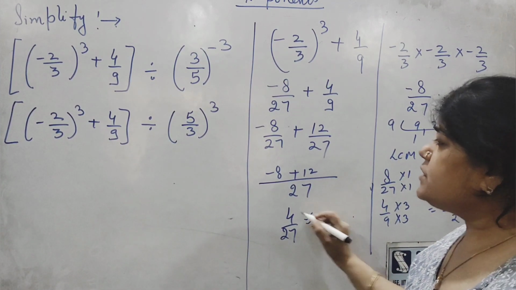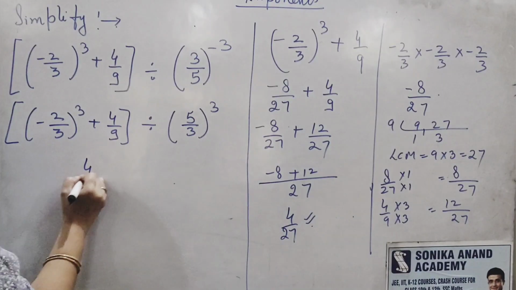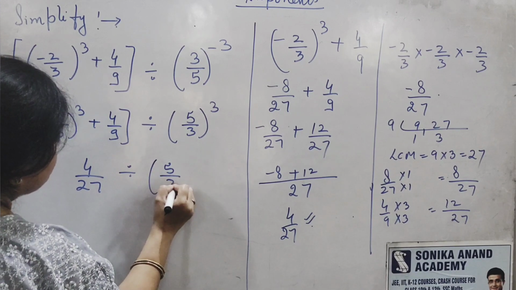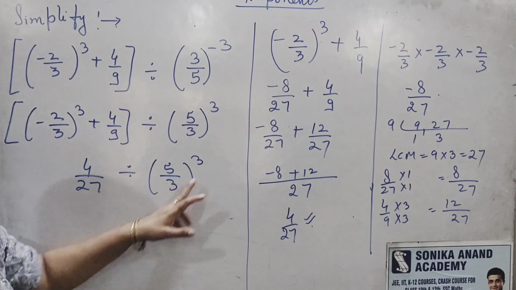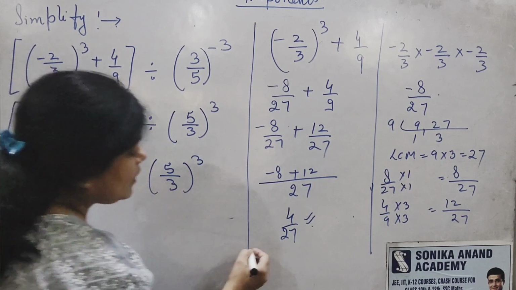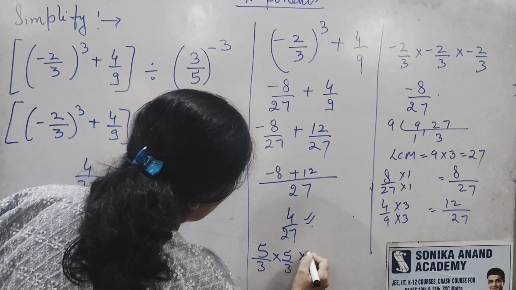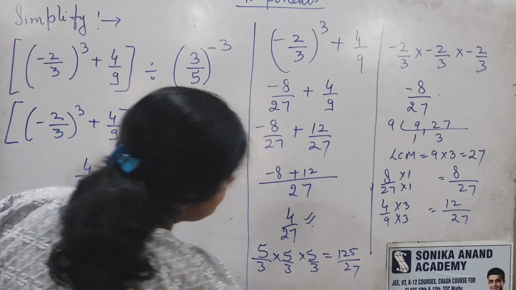Now we substitute this value over here in this equation. So it becomes 4 by 27 divided by (5 by 3) to the power 3. Okay. Now we solve (5 by 3) to the power 3. 5 by 3 into 5 by 3 into 5 by 3. It becomes 125 by 27.